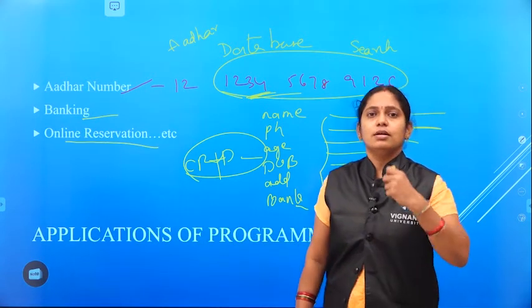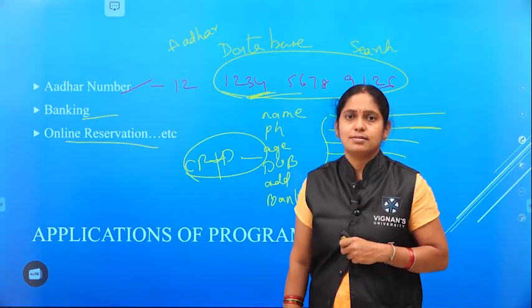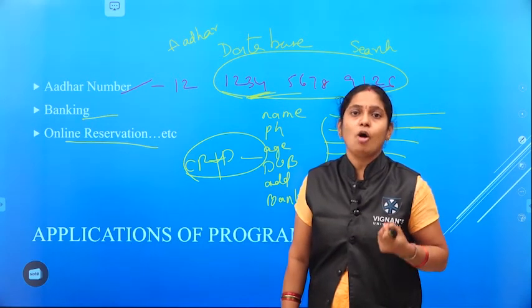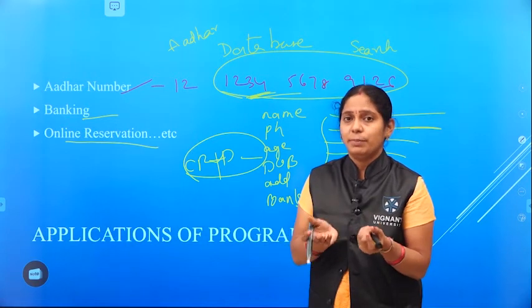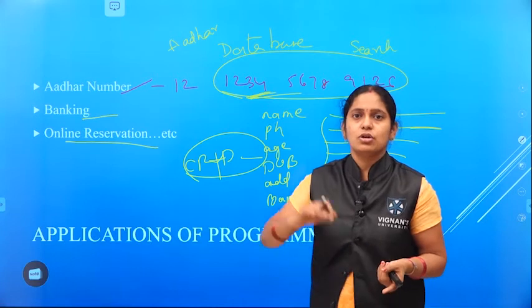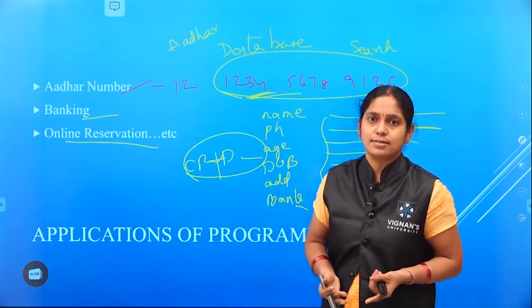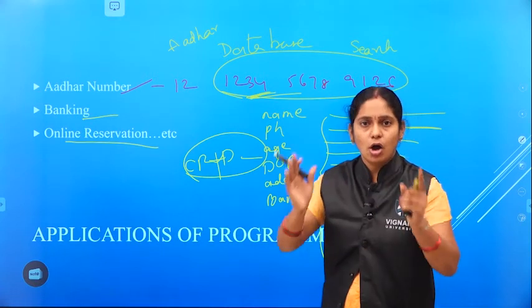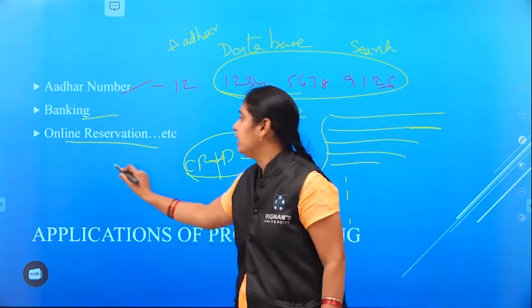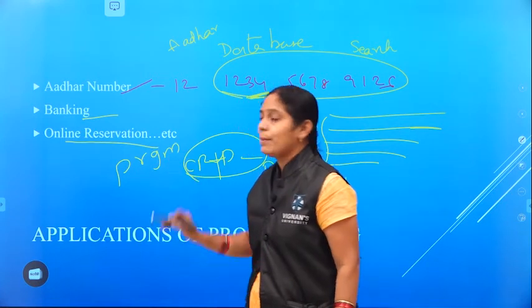So, which ticket you are reserving? On which date is it? From where? How much amount? That amount should be debited from a bank. When it is debited, we should reduce the amount from that account. So, likewise, to complete all these transactions, we need a program. All these we write as a program.